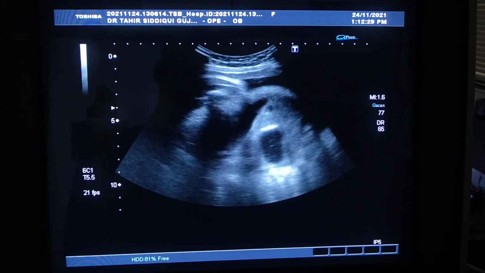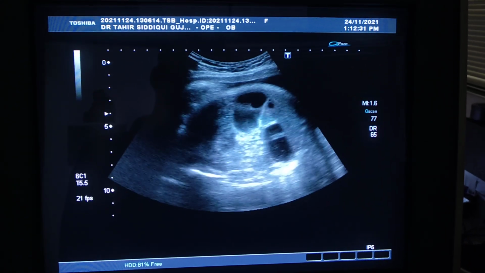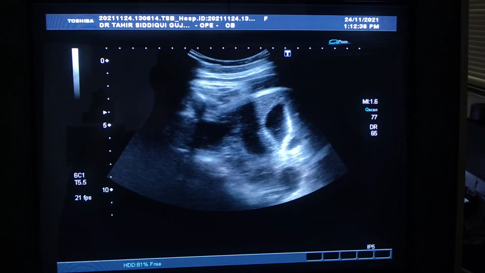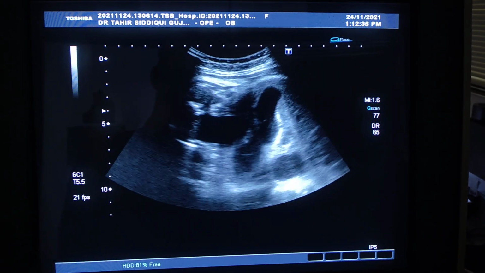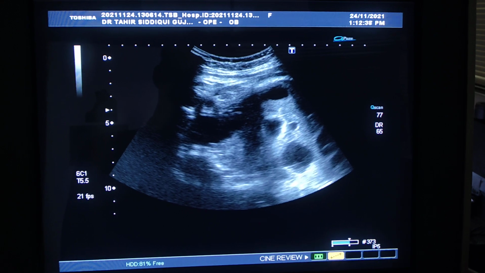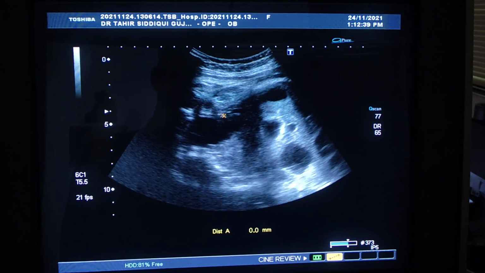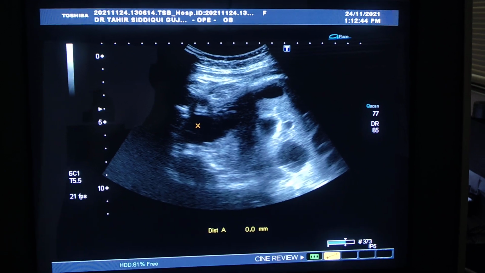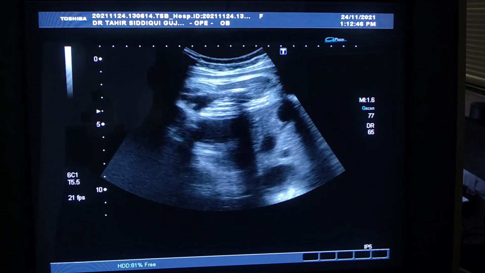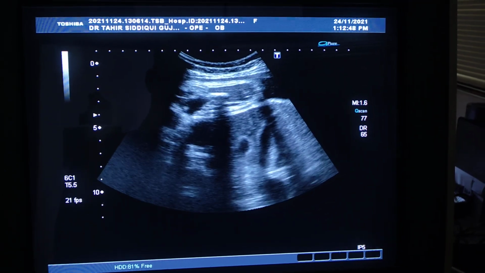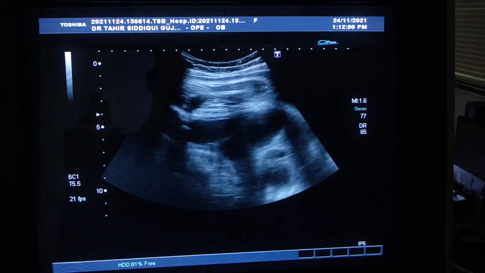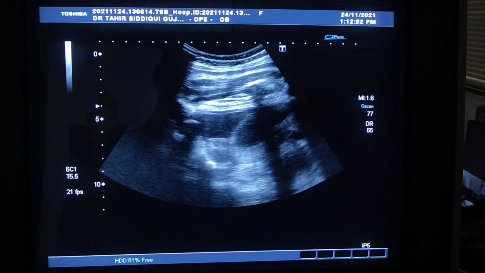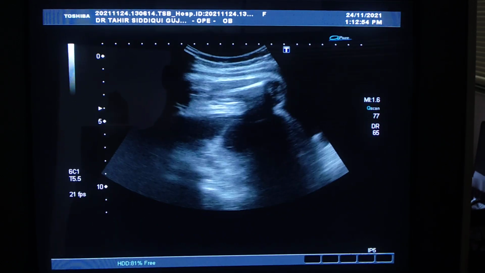This is the lower abdomen. Now, remember one thing: this is not the bowel. These are dilated bowels. This is not the bowel because we are seeing it at the lowermost part of the abdomen.